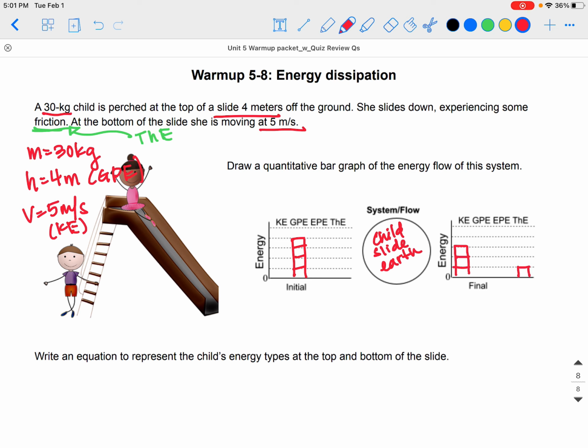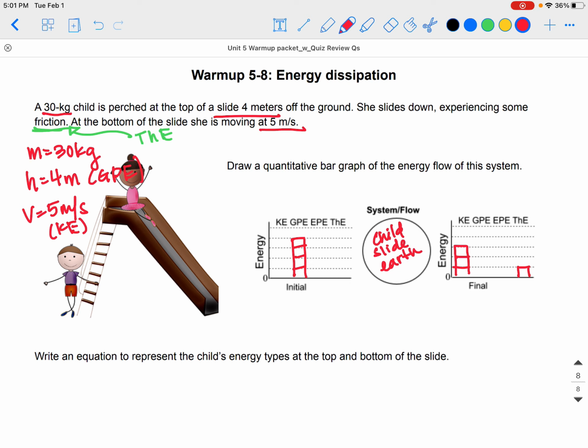Since I started off with 4 blocks, I have to end with 4 blocks. I don't really know if there's more kinetic energy than thermal energy. If you wanted to make it half and half or more thermal than kinetic, as long as you show that there's both energy types in the final scenario, you're fine.